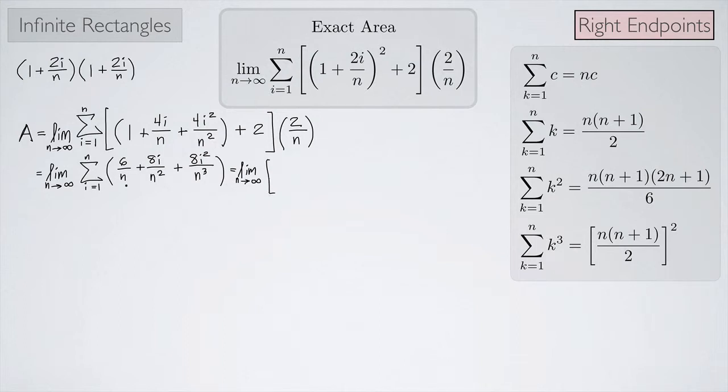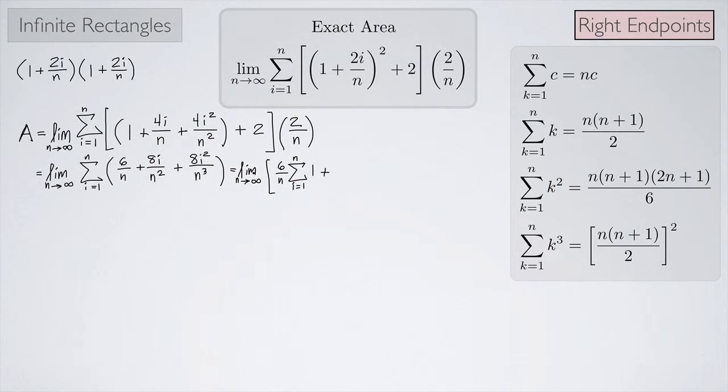Now I have the sum of 6 over n. So if I want to, I can pull out the 6 over n. That's all constant. And then I just have the sum from i equals 1 up to n, and then I would just have a 1 there if I pulled out the 6 over n. Breaking up the sum here, I'm doing the sum of each of these 3 terms individually, and I'm factoring out the 6 over n. The next one I have 8i over n squared.